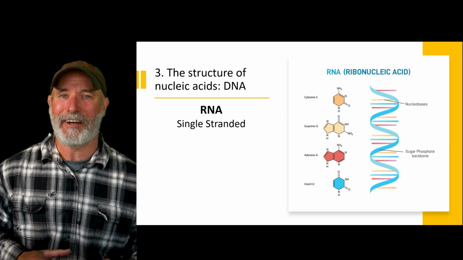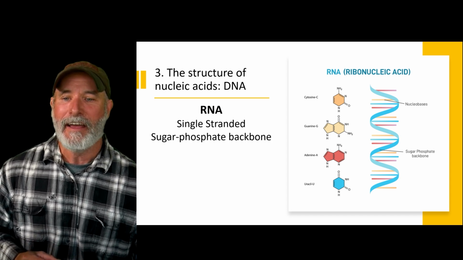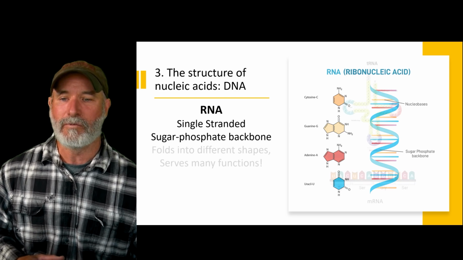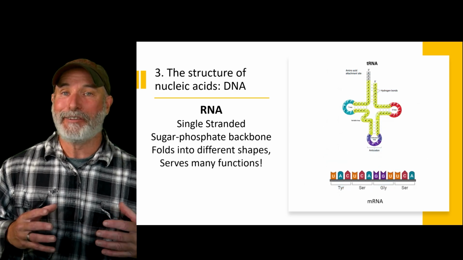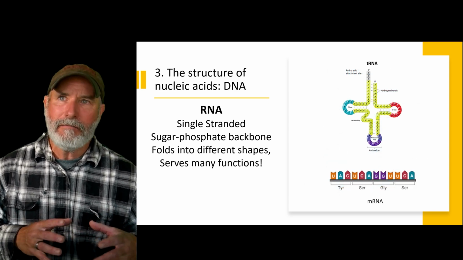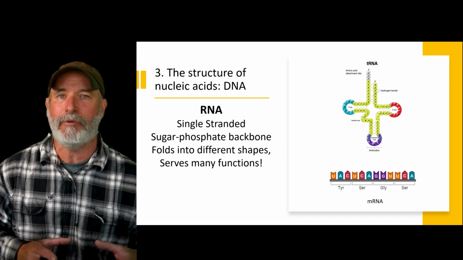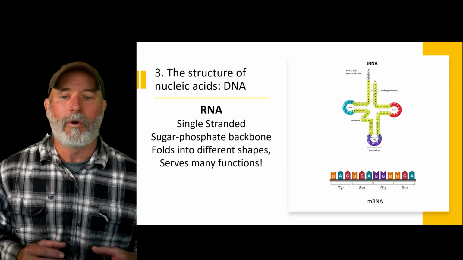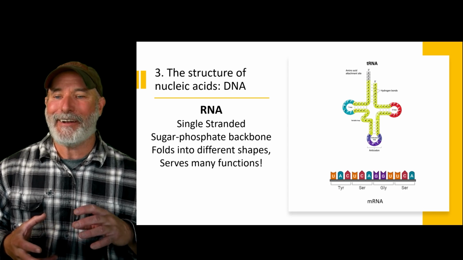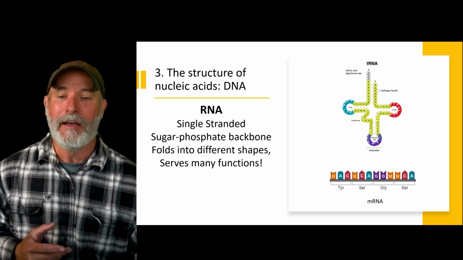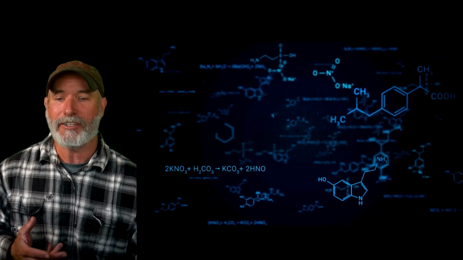RNA is single-stranded, unlike DNA, and it has a sugar phosphate backbone as well. And a difference is, whereas DNA can get into a couple different shapes, but most of the time it's in that very stable double helix, RNA can fold into many different shapes, like this transfer RNA on the top, and as a result, it serves many functions.